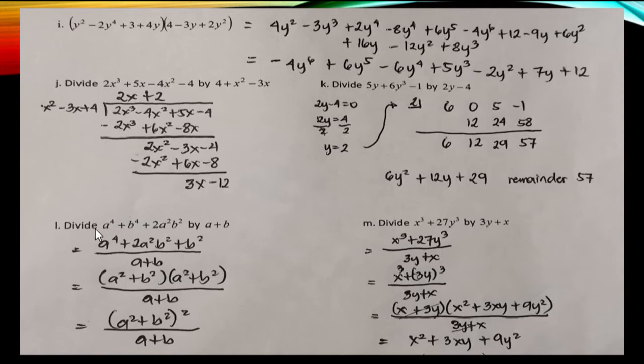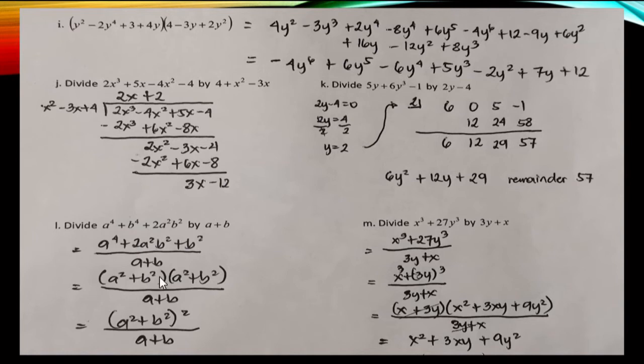Next, divide a to the power of 4 plus b to the power of 4 plus 2a squared b squared by a plus b. So, this time, atong gamiton atong factoring. So, atong i-rearrange na siya, a to the power of 4 plus 2a squared b squared plus b to the power of 4 over atong a plus b. We can factor this out.